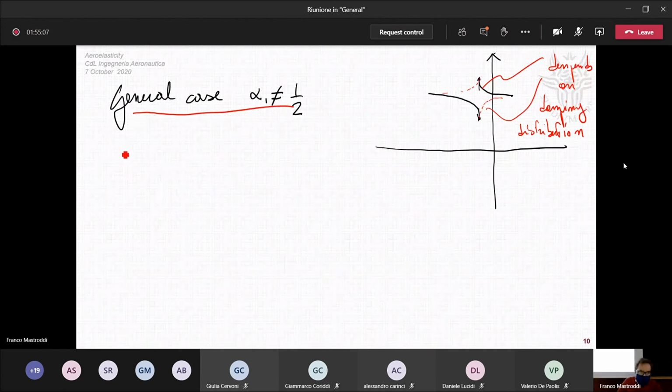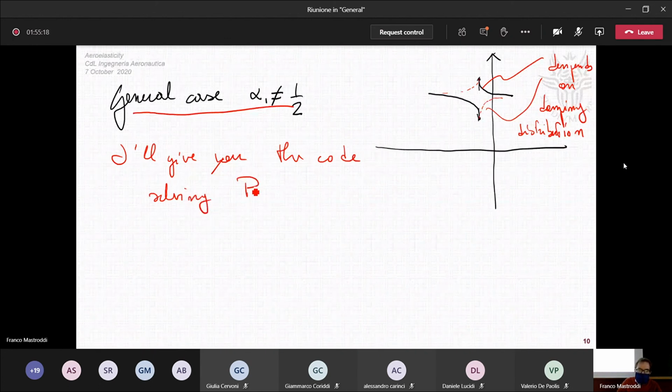I give you the code solving the characteristic equation equal to 0 for any lambda. So the solution of a fourth order polynomial equation as a function of a parameter. So you will be able to print and see the root locus, and you can have a direct experience on this.